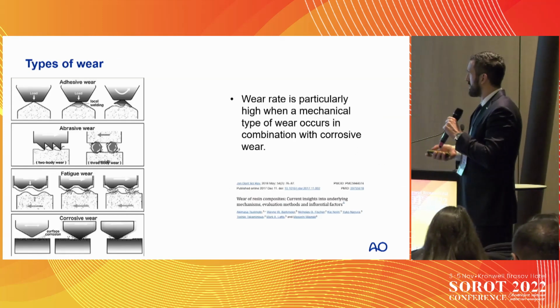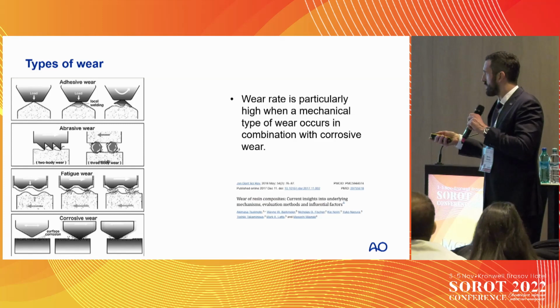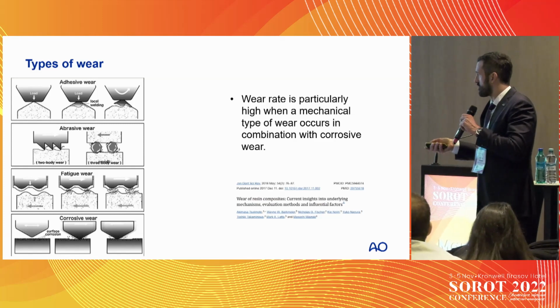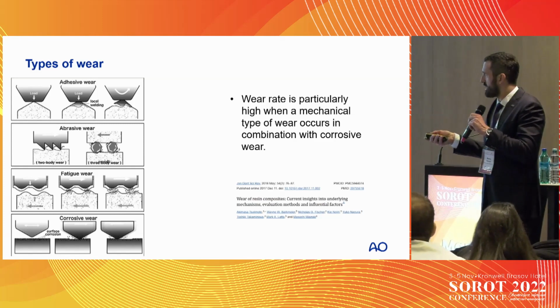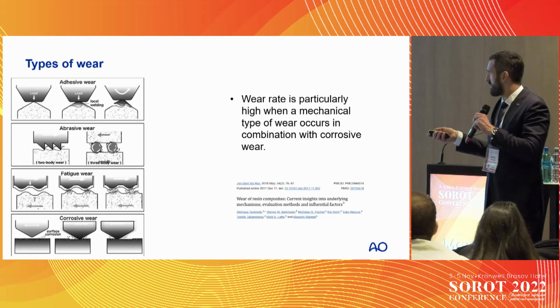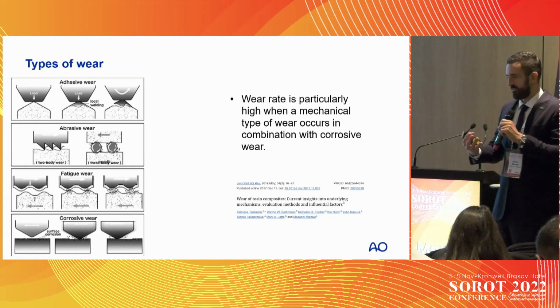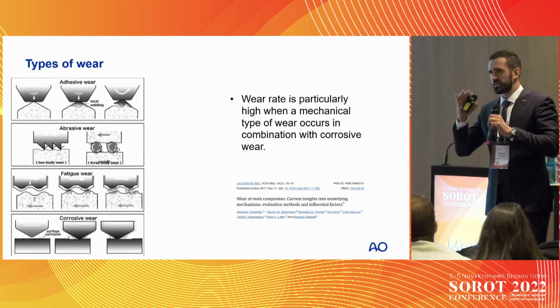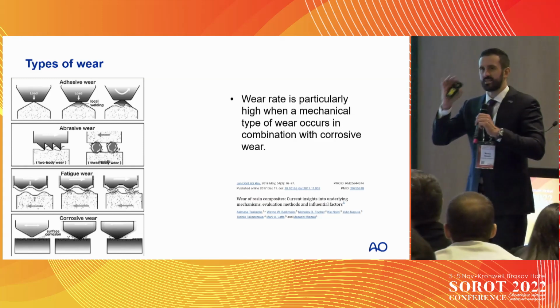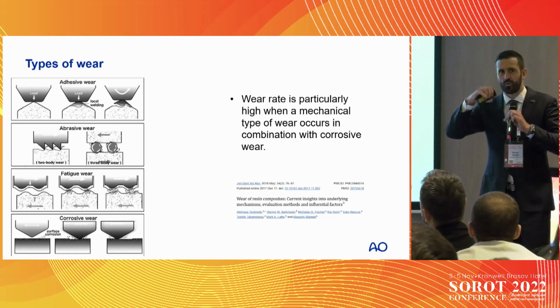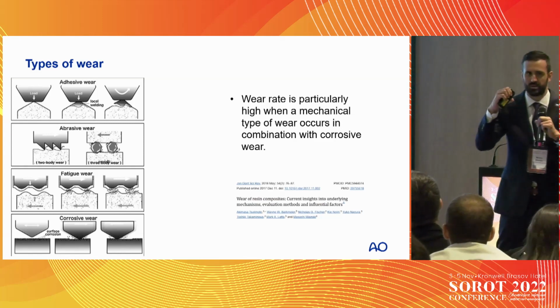What types of wear are there? Adhesive wear, abrasive, fatigue, and corrosive. Abrasive wear can be two-body or three-body wear. If we have a third body, then the wear is much more amplified. So imagine a situation where you have a broken ceramic hip, a broken ceramic acetabular component.